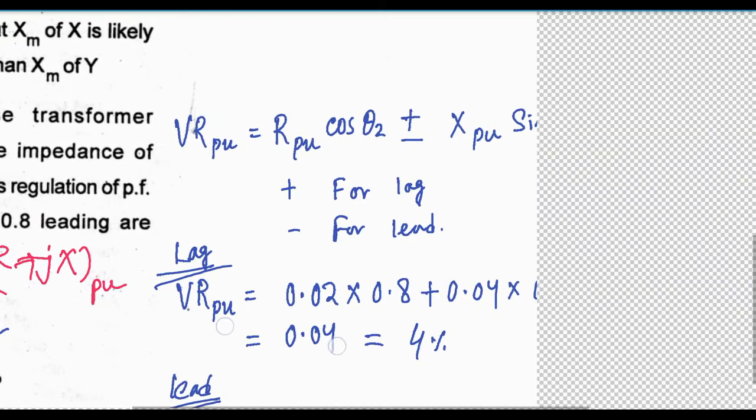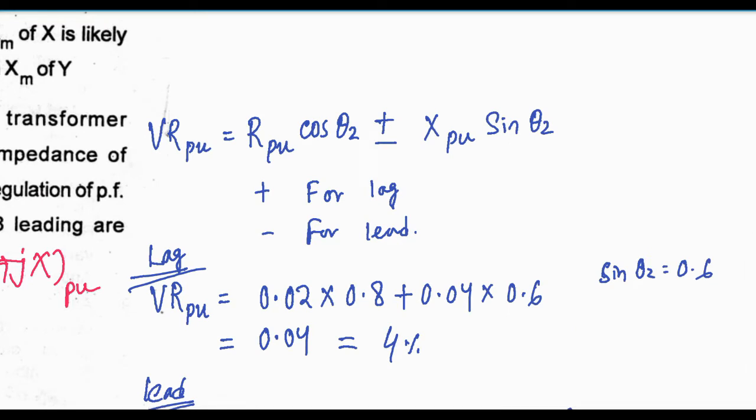We know that the per unit voltage regulation is equal to R per unit cos theta 2 plus X per unit sin theta 2, and this will be plus for lagging and minus for leading. What is theta 2? Theta 2 is the load power factor angle, and here 0.8 power factor is given first. For lagging power factor 0.8, cos theta 2 is equal to 0.8.